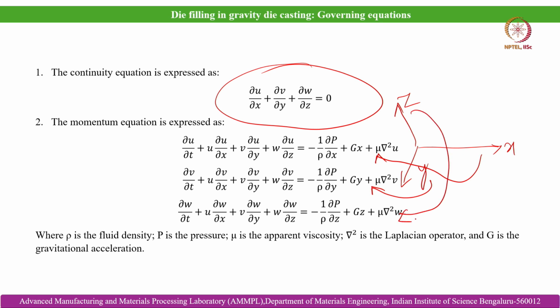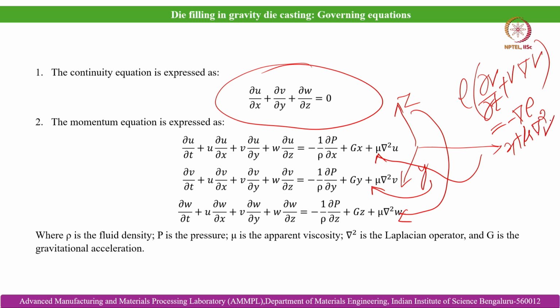If you want to write it in vectorial notation, you can do that as well. In that case you write: del v by del t plus v dot grad v is equal to minus grad p, plus mu grad square v, plus rho g. So, this is how you can write it in the vector form.